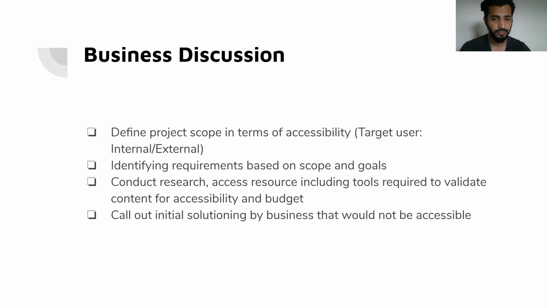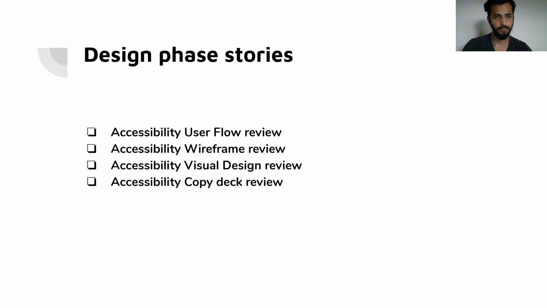Conduct research and assess resources, including tools required to validate content for accessibility. And also what accessibility can do during this cycle is call out initial solutions by business that would not be accessible. So this should be the first level of engagement that accessibility plays during a product development cycle.